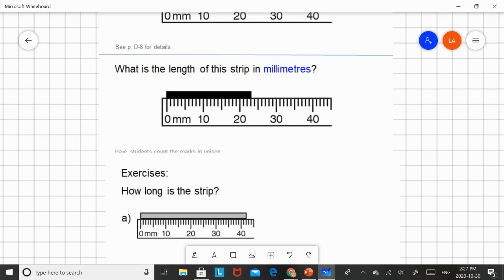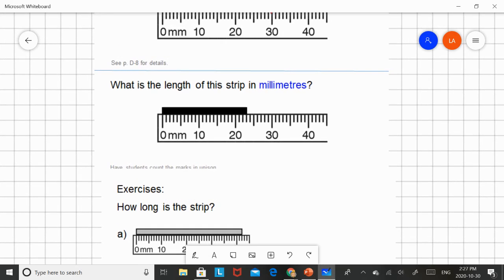Now let's measure this strip in millimeters. The other class we were doing it in centimeters. This time we're going to do it in millimeters because it asks in millimeters. So take a look. We can jump up to 20 because 20 is right there. And then we can count an extra 1, 2, 3.